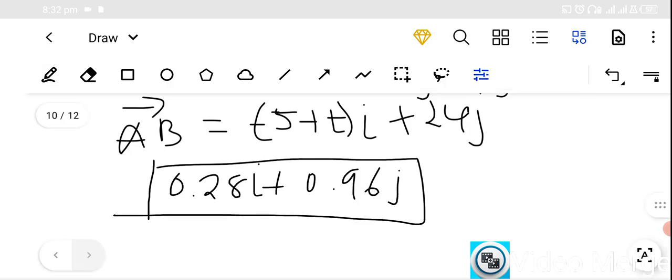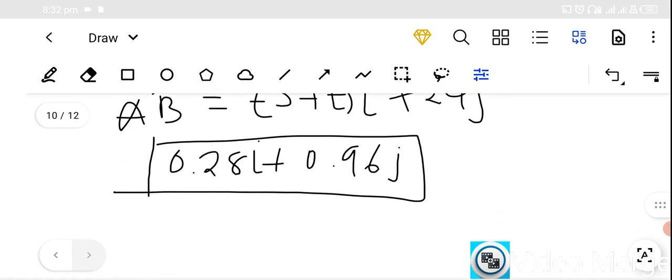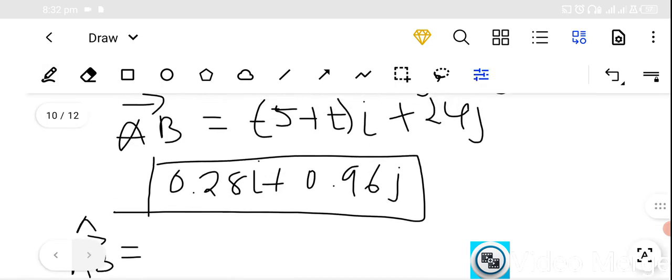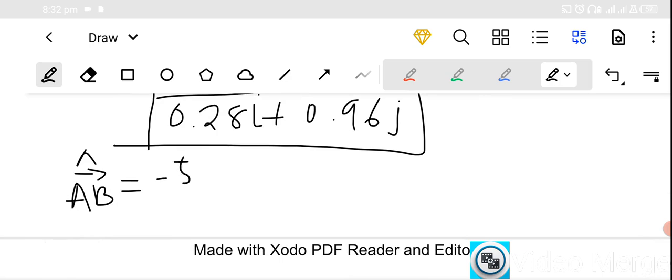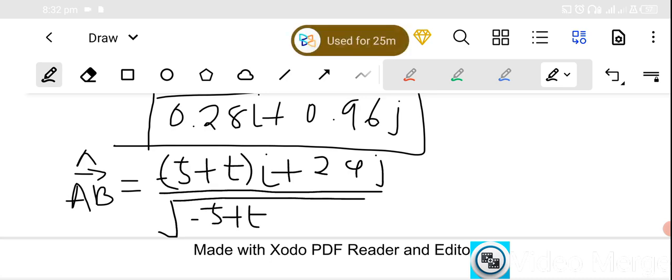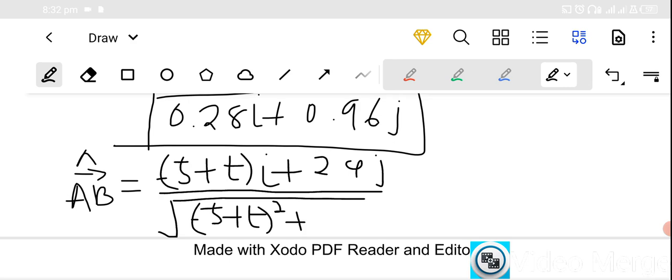And then the unit vector for AB is what? You have AB hat is equal to the vector itself, which is just negative 5 plus T i plus 24j divided by the magnitude of the vector, the i component squared, negative 5 plus T, so square root of negative 5 plus T squared plus 24 squared.